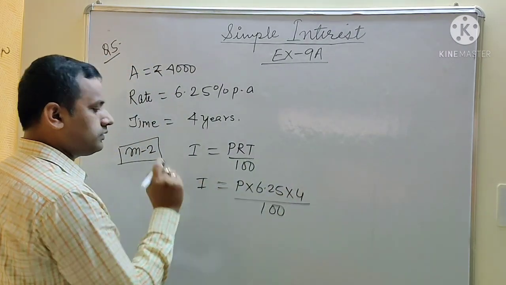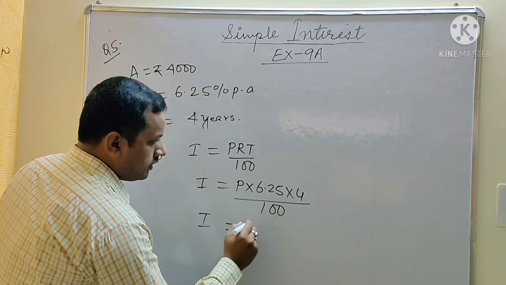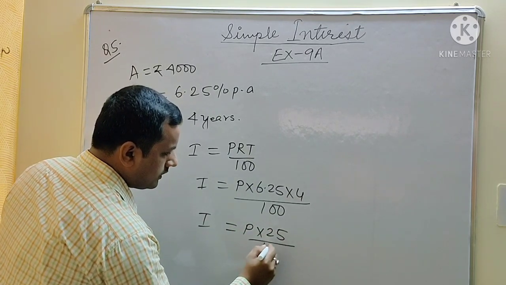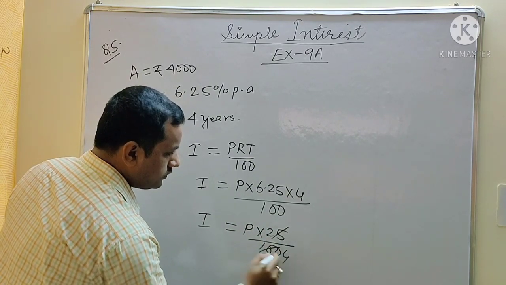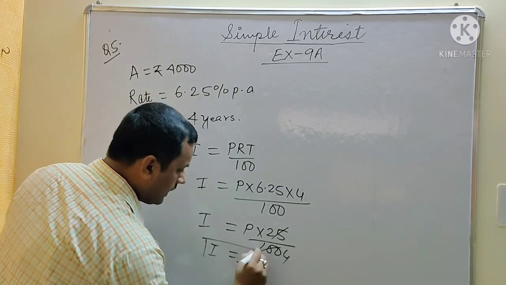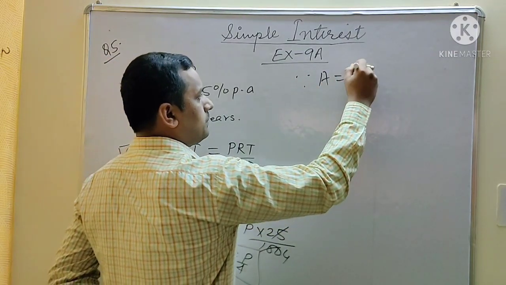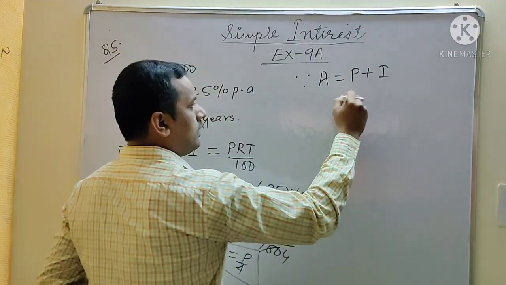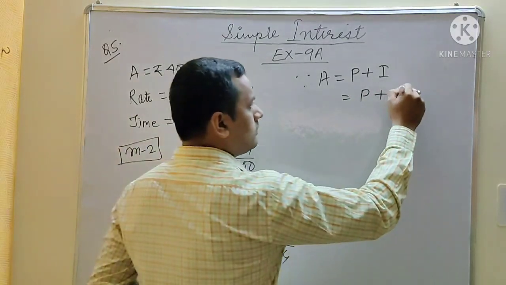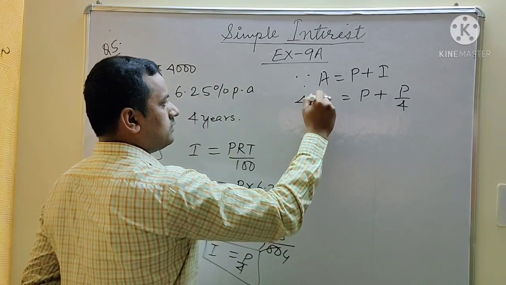So we can write I is equal to P into 25 by 100, that is equal to P by 4. We get I equal to P by 4. Since we know A is equal to P plus I, I is equal to P by 4, and amount is given 4000.